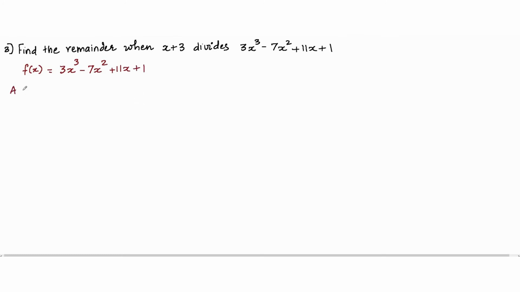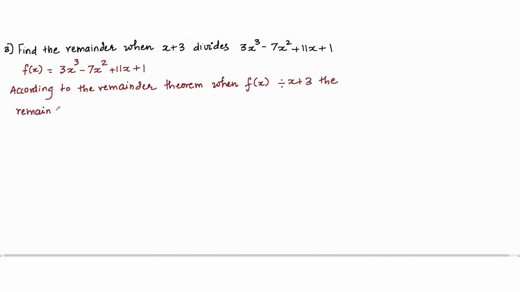Now, according to the remainder theorem, so I'm now showing you how to write the proper solution. So, according to the remainder theorem, when f of x is divided by x plus 3, the remainder is given by... now let me show you one way of finding a.